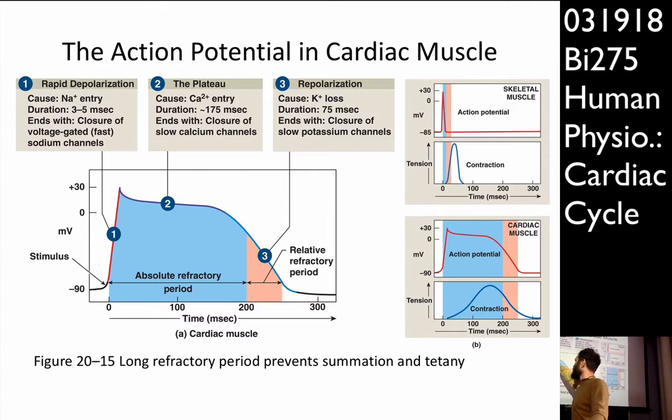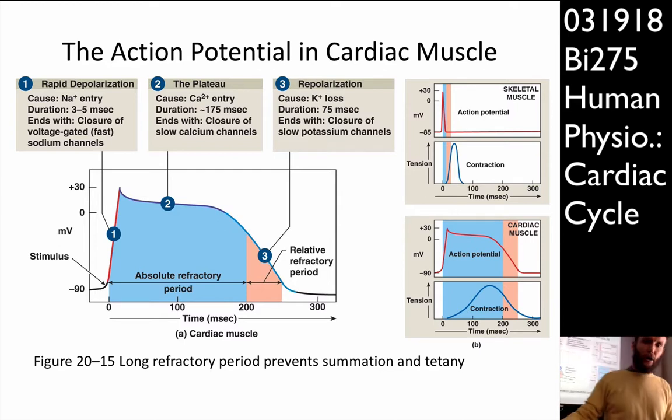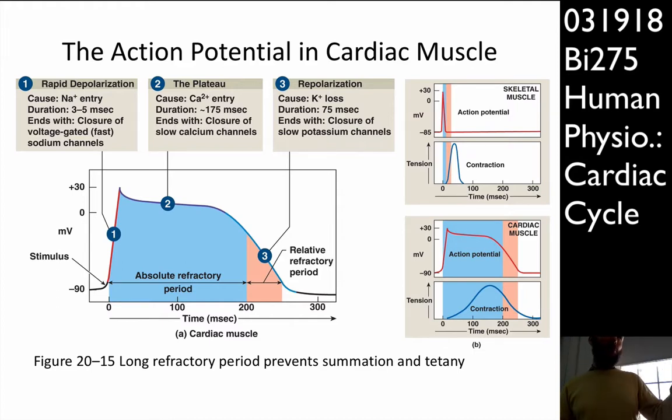But before we really do that, calcium ions are working against the potassium ions to cause a long plateau of depolarization, and the result of this is to stretch out the absolute refractory period for a long period of time, much longer than a skeletal muscle.